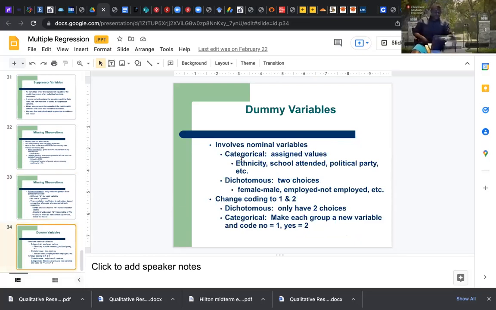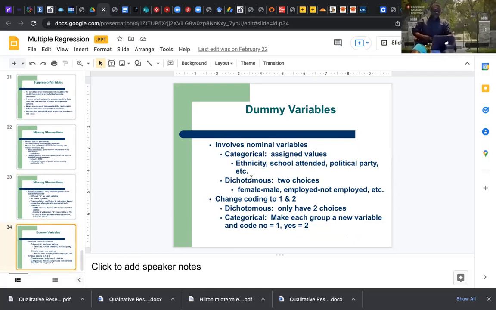Dummy variables. We call these dummy variables. They are usually categorical values, and we assign values to them. School, political party, etc. Dichotomous variables. We have two choices: male, female, employed, unemployed, true, false. Change the coding to 1 and 2.